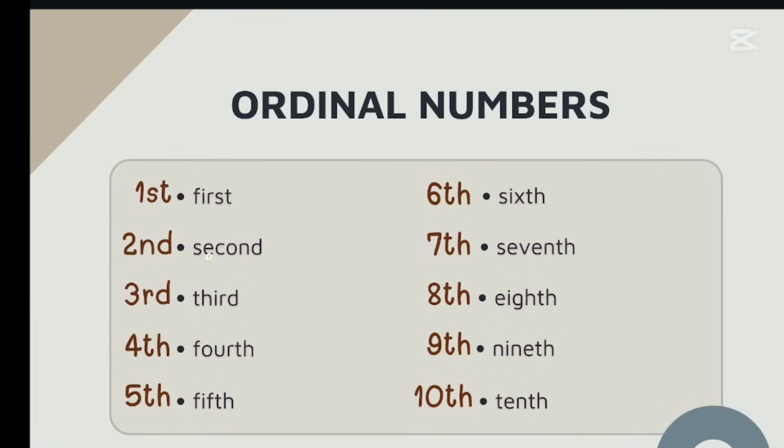Another one is second, third, fourth, fifth, sixth, seventh, eighth, ninth, and 10th. As you can see, from 4th to 10th, they're all ending with TH. The first is ST, second is ND, and third is RD.